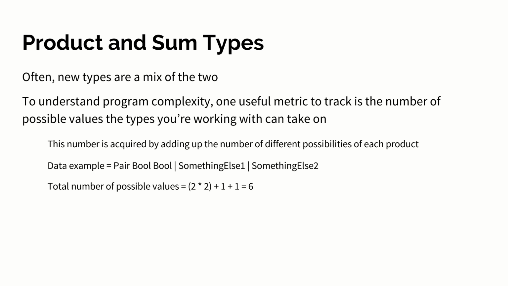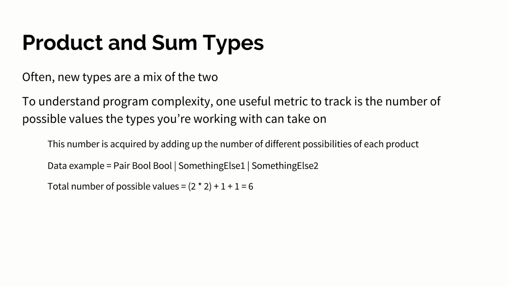For example, here in this example data type, it can either be a pair of bools, or it can just simply be this something else value, or it can be this something else 2 value. So the total number of possible values is the total number of possible values that the first option can be, plus the total number of possibilities for the second, plus the total number of possibilities for the third.